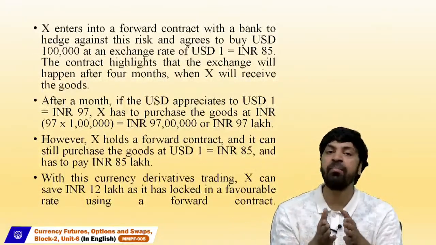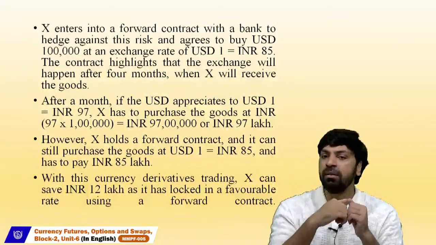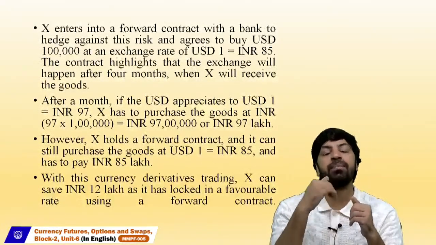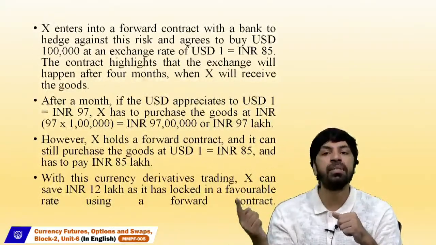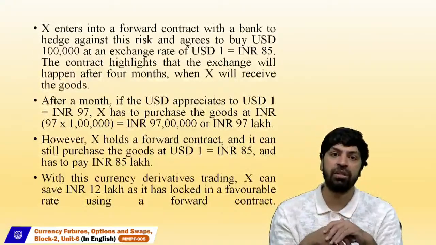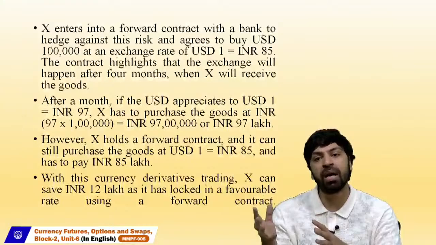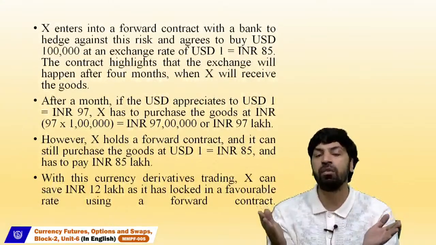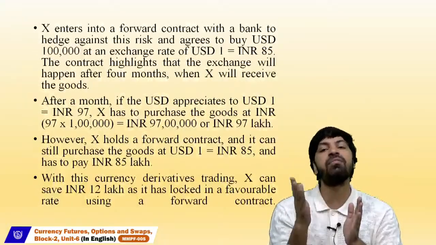If a transaction is not fixed at present but fixed at a future date, it becomes a forward transaction. So as per the forward contract, X will receive the goods after 4 months.